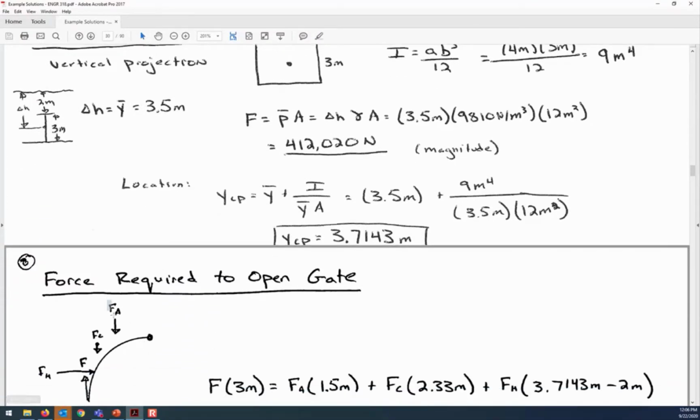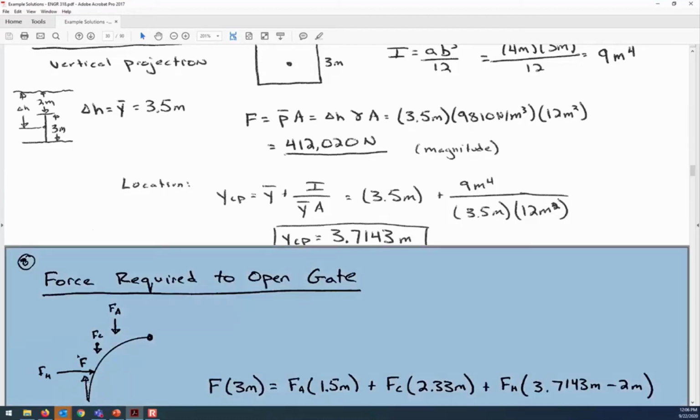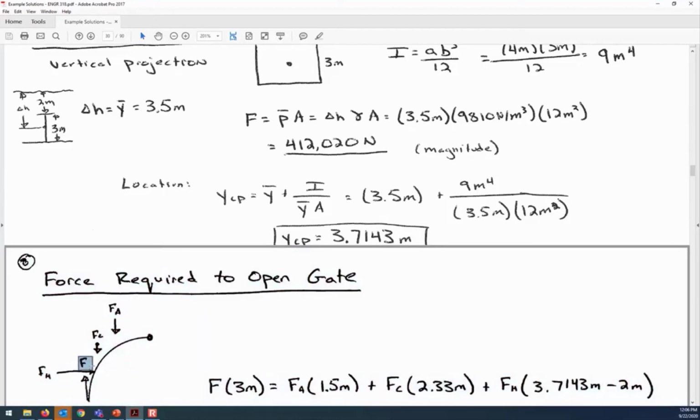So FA was the weight of the water in the rectangular element. FC was the weight of the water in the wedge-shaped element. FH is the hydrostatic force having to do with the pressure at a certain depth acting over an area. And then F is going to be us pulling upward in order to open the gate.